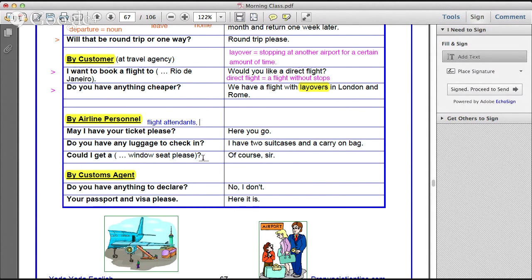Okay. Does anybody know anybody else who you might have to show your ticket to? When you are next to the counter. Okay. When you are checking in, right? Yeah, checking in. So during check-in. Immigration also. Okay. During immigration.